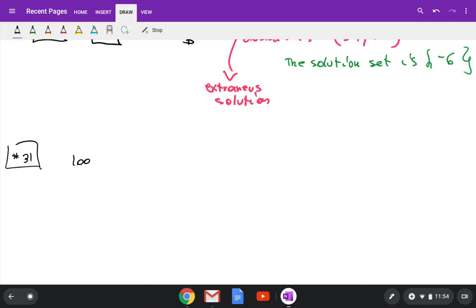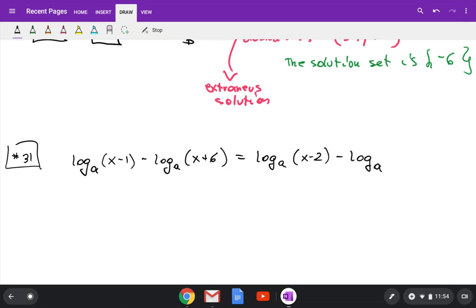You have logarithm of base a, they were not specific, so just a, of x minus 1, we know the base is always positive, minus logarithm of the same base of x plus 6, equal to logarithm of base a of x minus 2, minus logarithm of base a of x plus 3. All those expressions next to log, you cannot separate them. They are together.